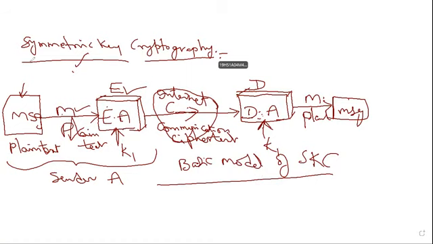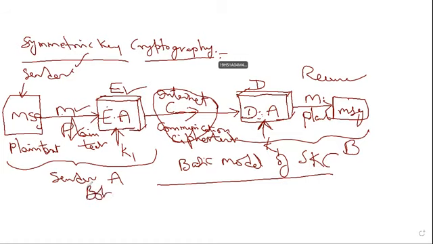Here the message originator is sender and message receiver is the receiver. Let us name him as B. This is receiver end. But in general notations, in textbooks, almost all the books are using sender name as Bob and receiver name as Alice.